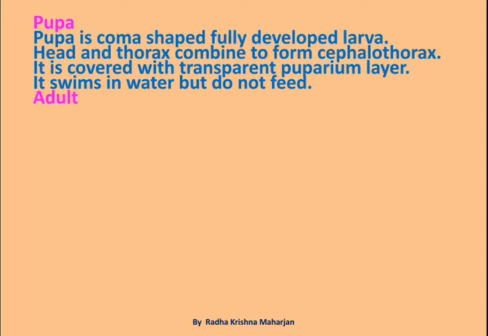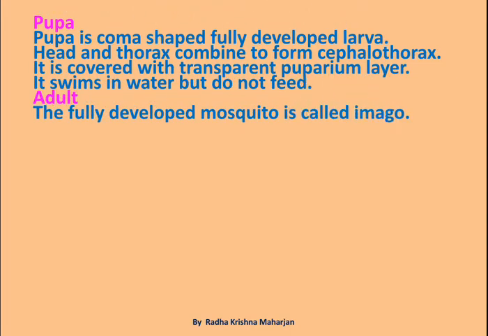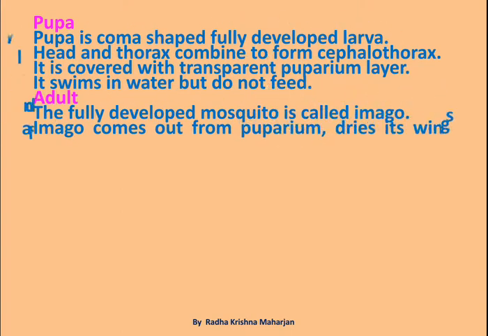Adult. The fully developed mosquito is called imago. Imago comes out from puparium, dries its wings, and fly away.